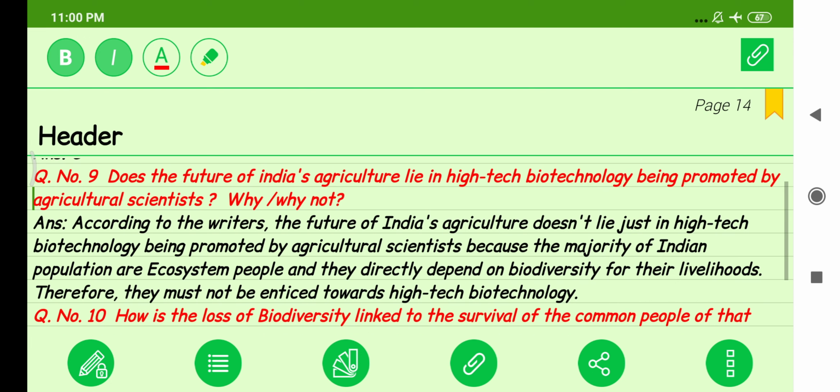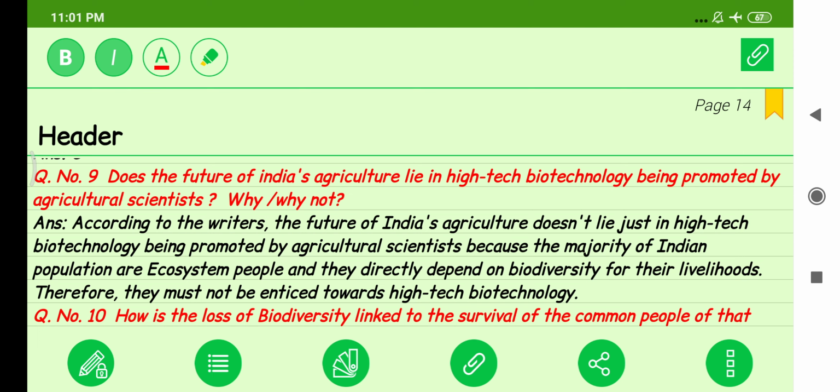Question 9 is, does the future of India's agriculture lie in high-tech biotechnology being promoted by agricultural scientists? Why not? No, it doesn't lie in high-tech biotechnology. As I said, the majority of Indians are farmers or ecosystem people, and their life is directly dependent on biodiversity. Understand?